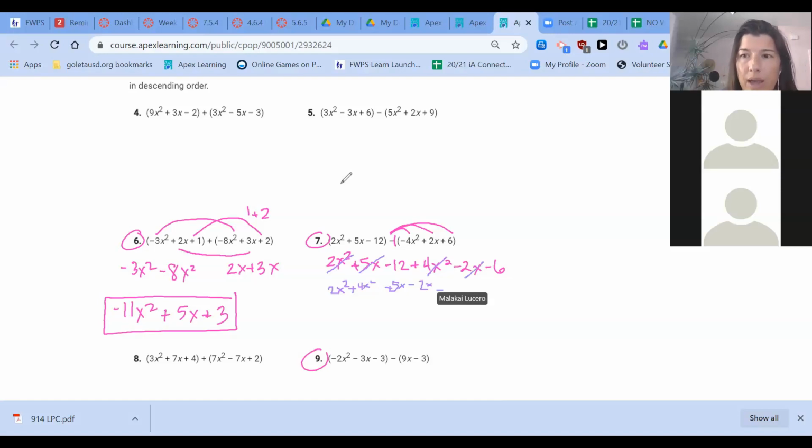I like how you're reordering them and then crossing them off in the original as you're reordering and keeping close attention to the signs in front. That's great. Yeah.